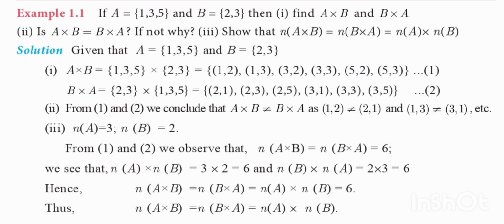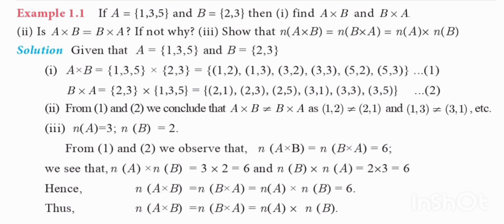Then B cross A, the Cartesian product of B and A, is again the set of all ordered pairs such that the first element of the ordered pair is from B and the second element is from A, which is given as the second equation. This listing of A cross B and B cross A is the answer part of question number 1, just finding A cross B and B cross A.